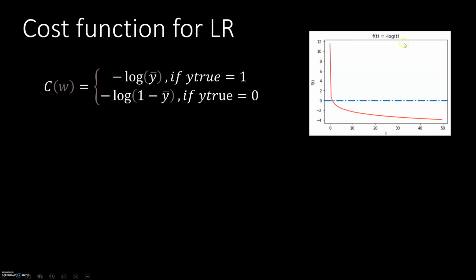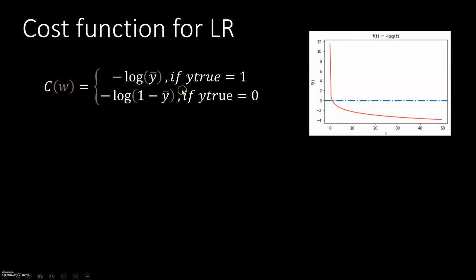Now, this is a graph of negative log. As we can see, if we are finding the log of a small number, the result will be a very big number, right? That's the fundamental thing we need to know to understand why we use this cost function. So let's look at it.